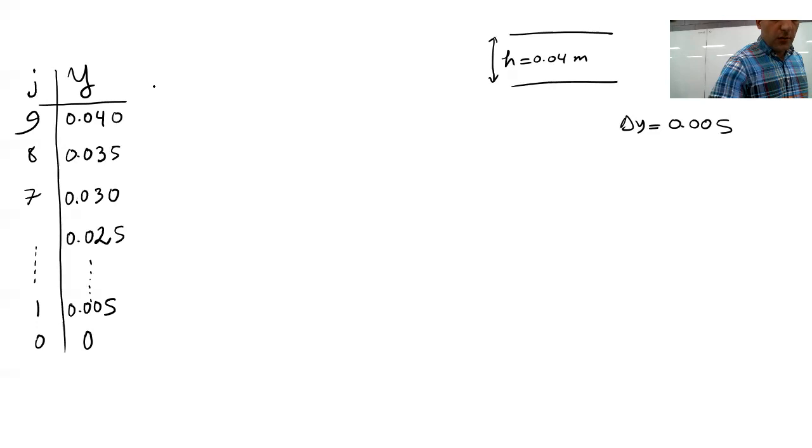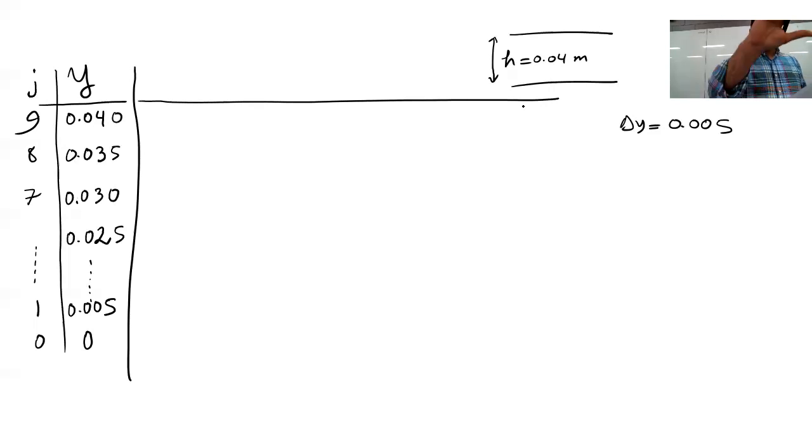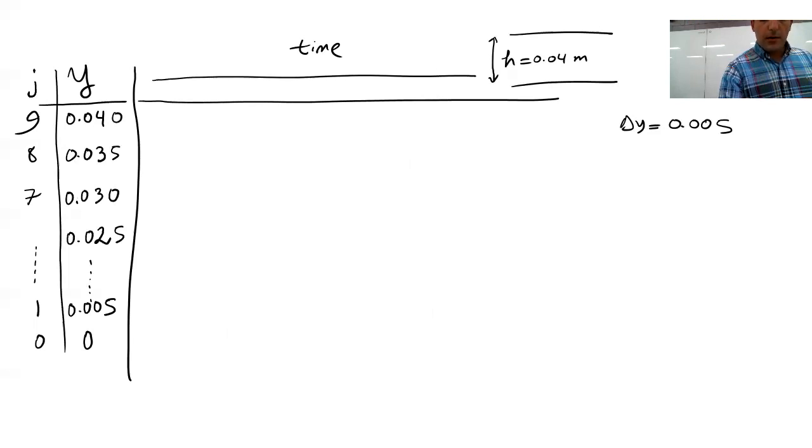So this is kind of showing my Y. And now on top, I'm going to show my time, and underneath, I'm going to show my velocity values, because I'm trying to find U, correct? N is the time steps.